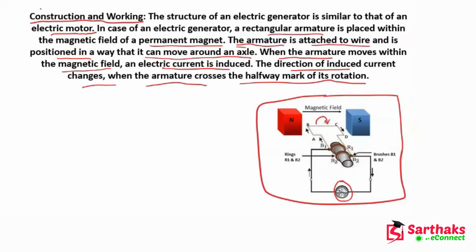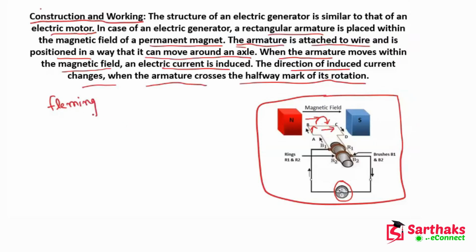Now when you are rotating it, this AB conductor would be going upside, moving up like this. And the direction of the magnetic field is from north to south like this. Okay guys, now let me apply the Fleming right hand rule.